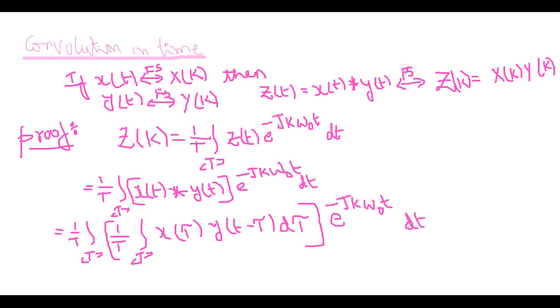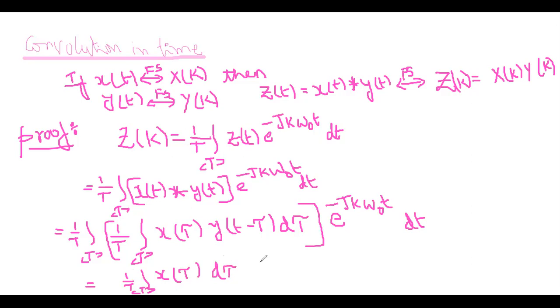Okay, my dear students. Now bring all the tau terms and the t terms separately. So 1 by T, the integral over T, of x of tau d tau.